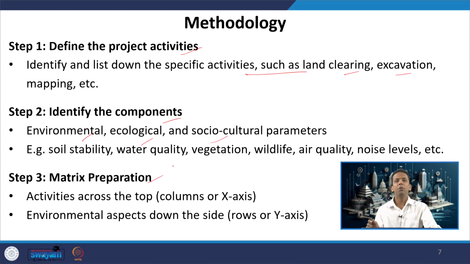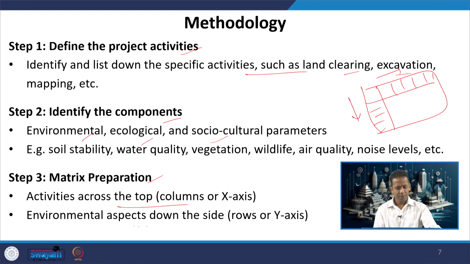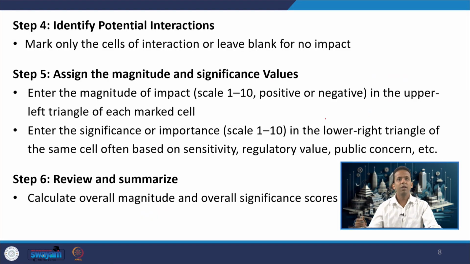The third step is to prepare the matrix. Matrix means the table. Okay. The first thing in the table is to prepare the list of rows and the list of columns. So, activities across the top and environmental aspects or components down the side, or rows on the y axis or x axis here. Okay. The next step is to identify the potential interactions.